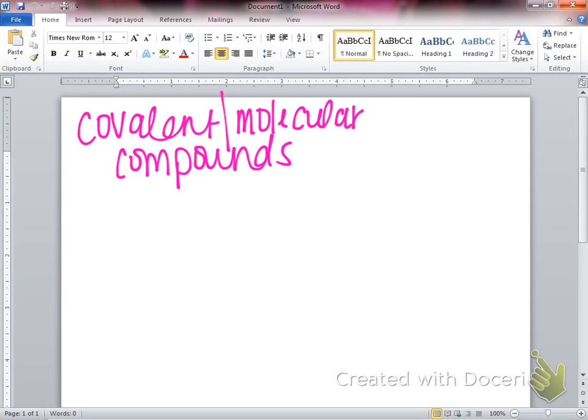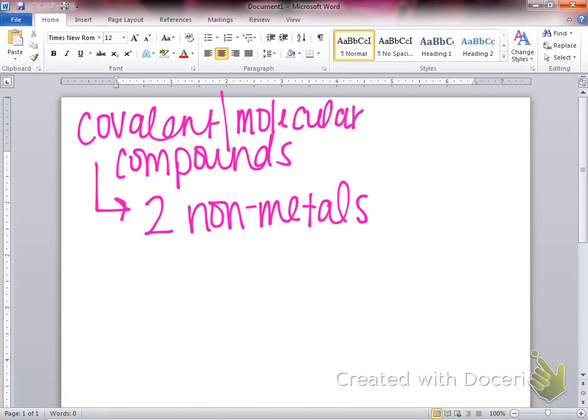Okay, these are covalent compounds, and covalent compounds are made up of two nonmetals. Where ionic compounds were a metal and a nonmetal, covalent compounds are made up of two nonmetals. That means both of our elements are coming from which side of the periodic table?